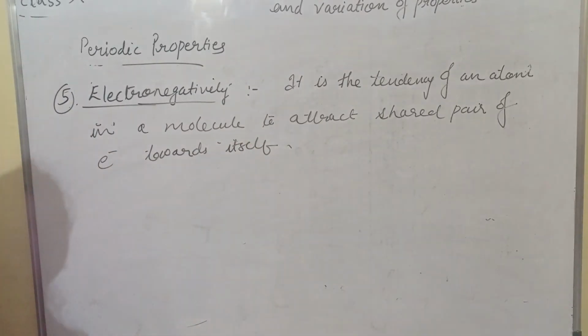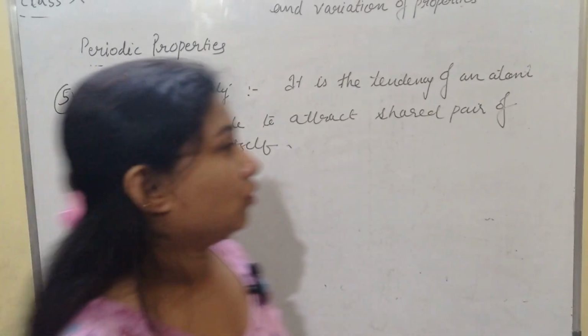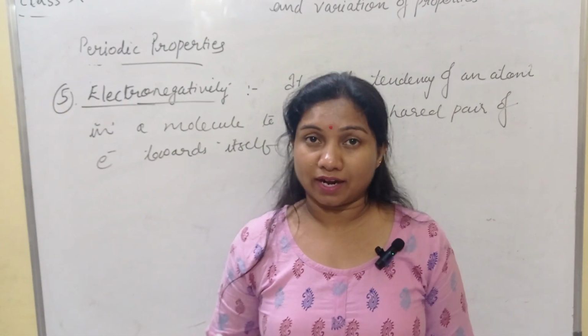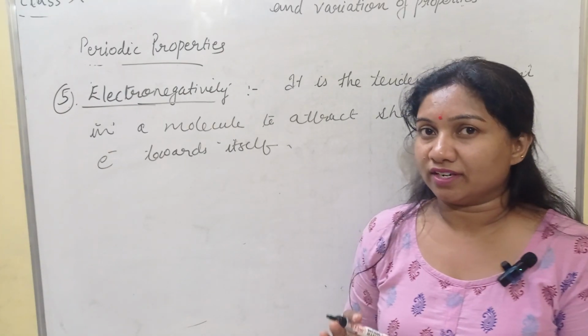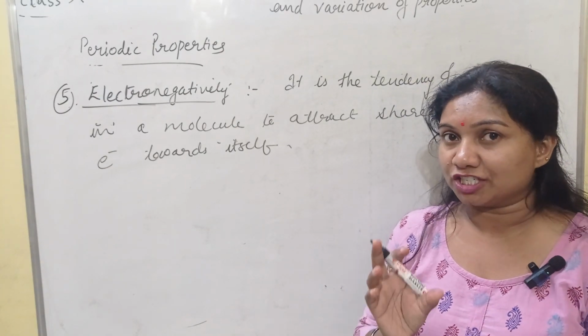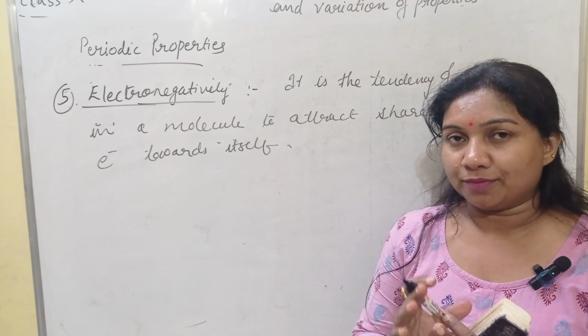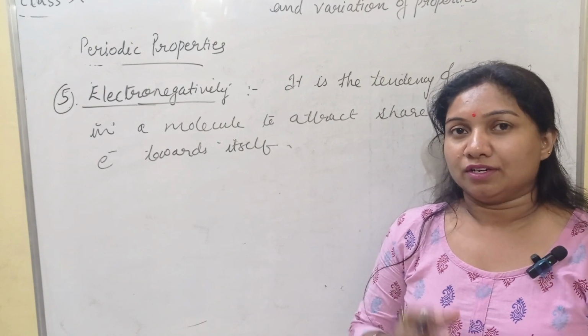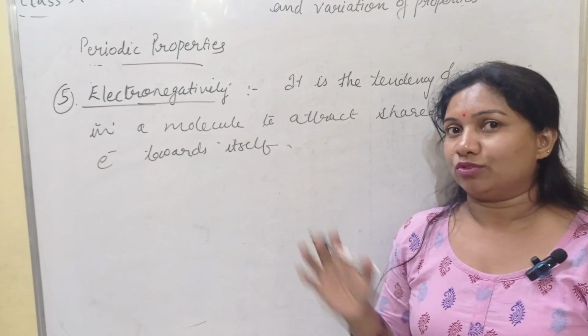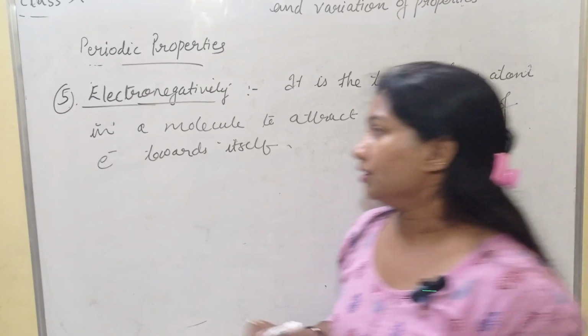Now what is this? See, in electron affinity, what we have seen, that electron is getting added to that atom, but here electron is not getting added, it is only attracting the shared pair of electron. Shared pair means in chemical combination. In the next chapter you will get a clear picture of this electronegativity in the second chapter.